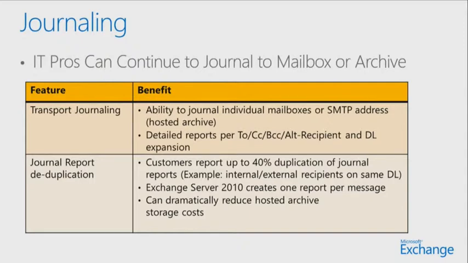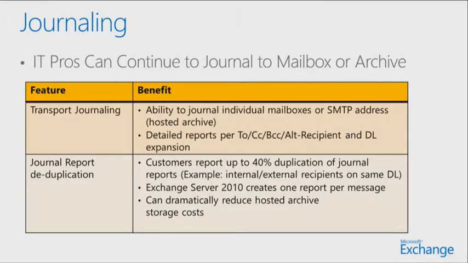Journaling. Questions were asked about whether they could still use third-party archiving tools. Journaling is still there, it's still available. We can do transport journaling and journal report deduplication, with the ability to journal individual mailboxes or SMTP mailbox addresses to the hosted archive.